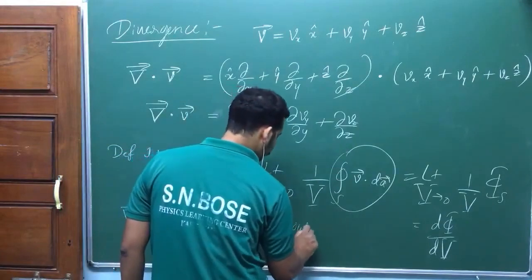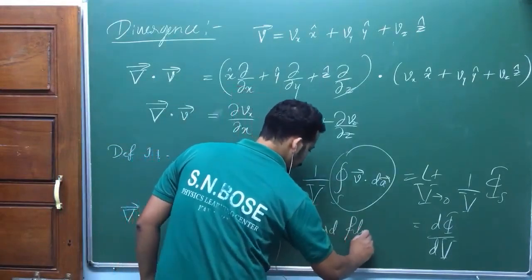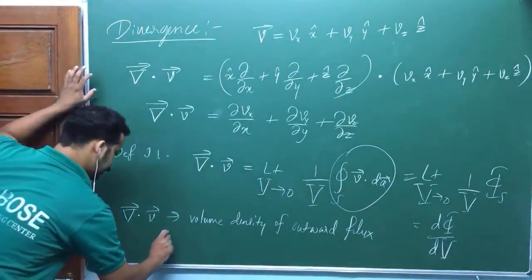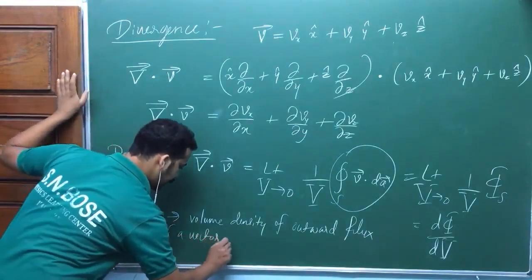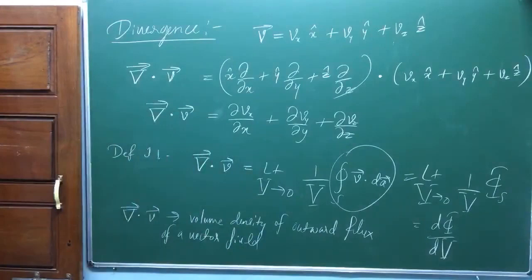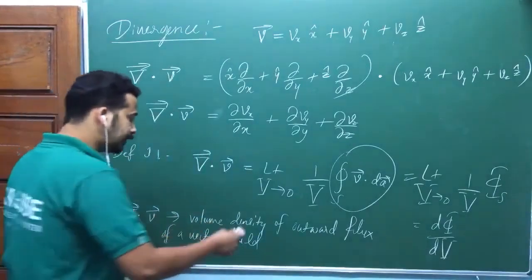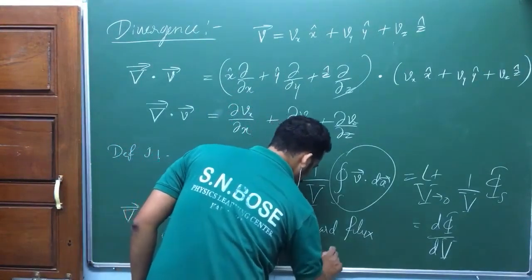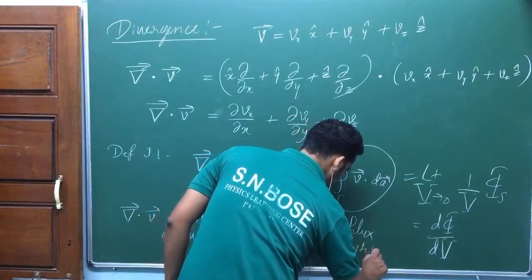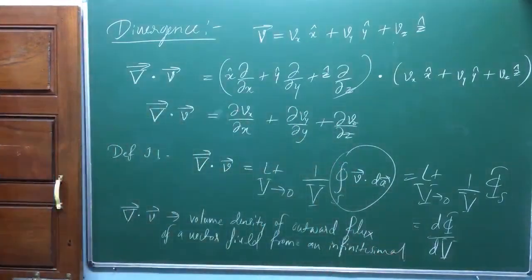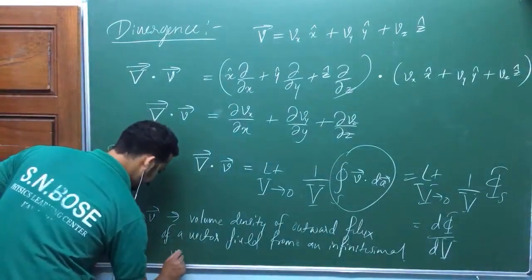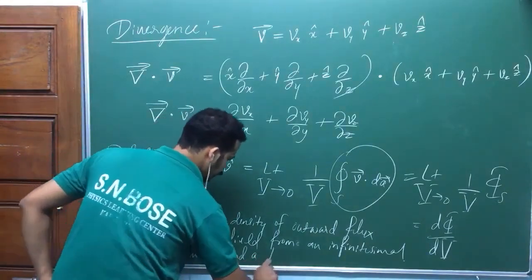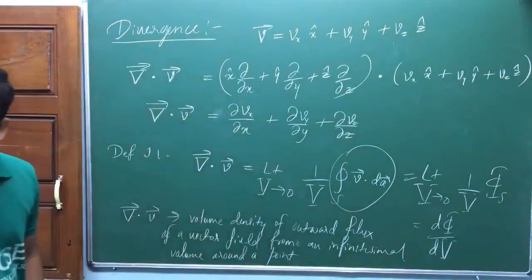Volume density of outward flux of a vector field from an infinitesimal volume element around a point in question.